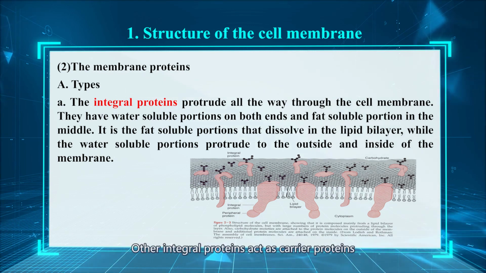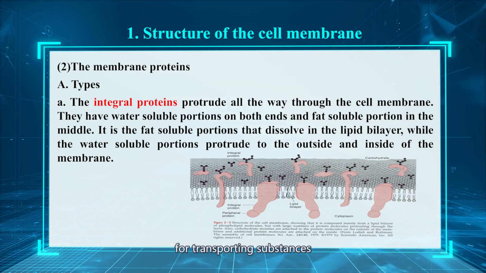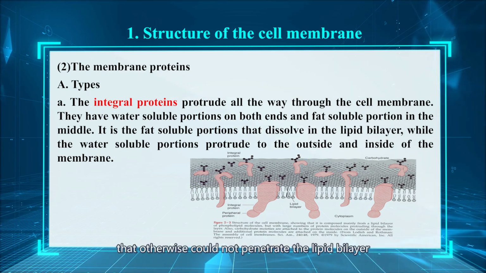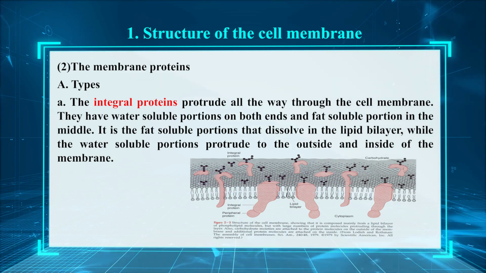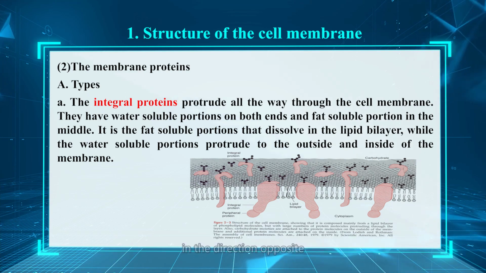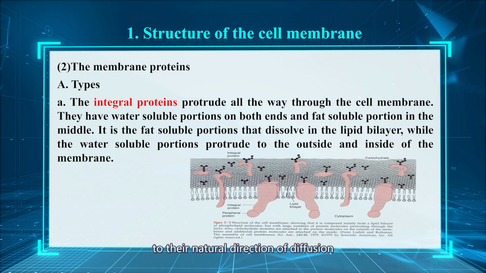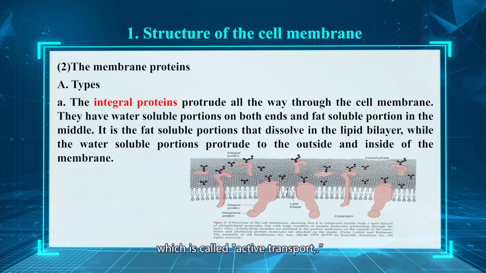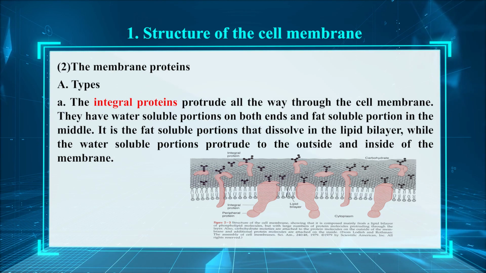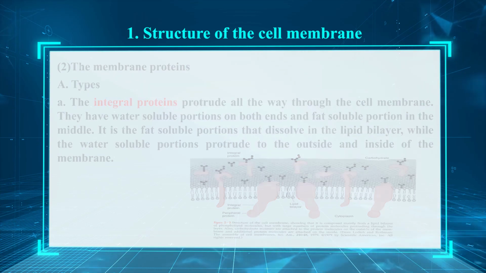Other integral proteins act as carrier proteins for transporting substances that otherwise could not penetrate the lipid barrier. Sometimes these even transport substances in the direction opposite to their natural direction of diffusion, which is called active transport. Still others act as enzymes.